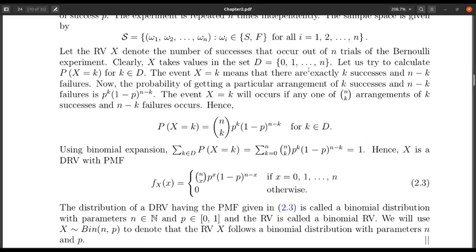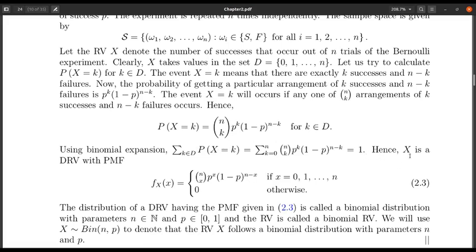This means I have a finite set, which is at most a countable set, such that probability of capital X equal to small x is strictly greater than 0 for all x belonging to D. And when I try to find the probability that X belongs to D, which is nothing but the sum of these probabilities, that turns out to be 1.